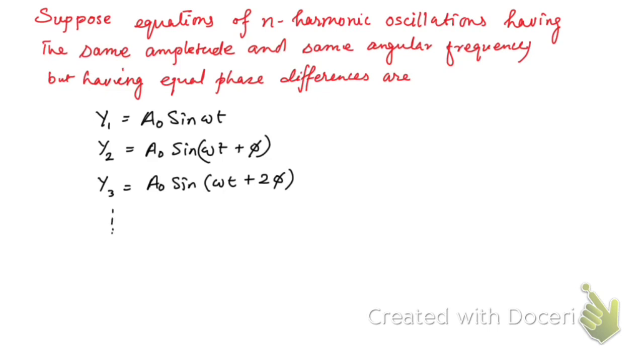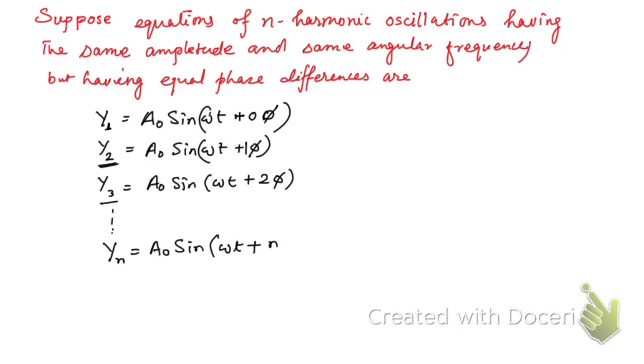And so yn is equal to a naught sin omega t plus n phi, sorry, not n phi. When we have y1, it is plus 0 into phi. When we have 2 here, this is 1 into phi.